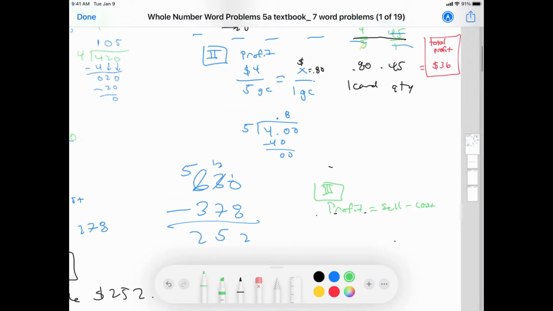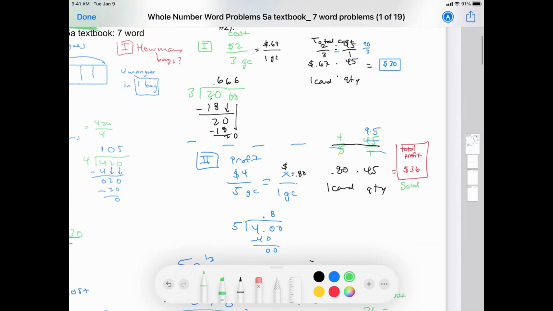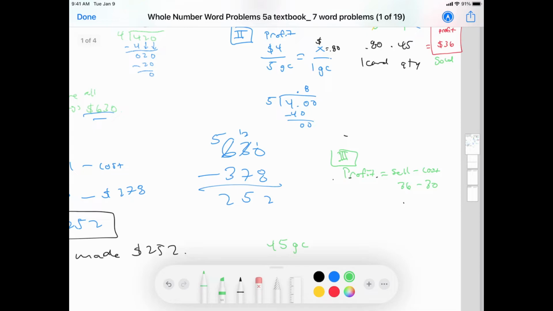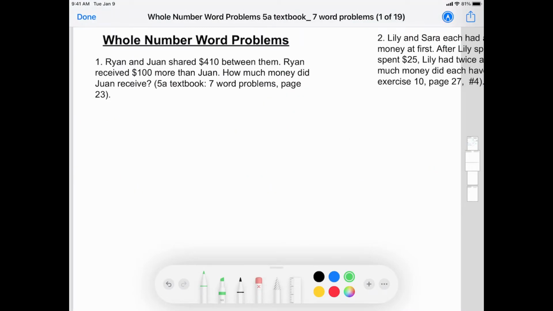So we sold these at $36, and it's costing us $30, so I can give it a profit of $6. Peter is making $6 after this transaction. Pretty good.